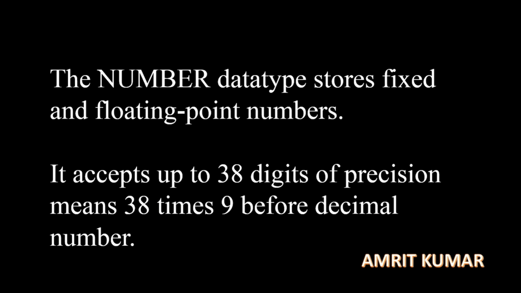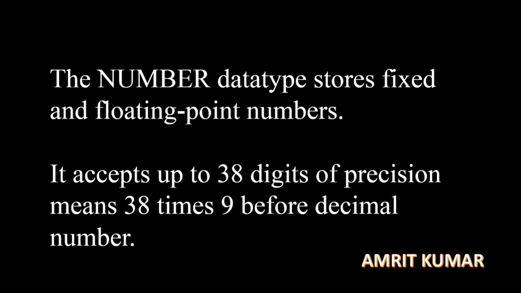It can store floating point, that is the decimal value, and the fixed part also, the elaborated part of the number, 1, 2 and any kind of number. So the number data type can store fixed as well as floating point numbers.